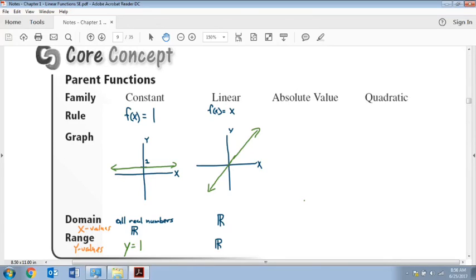Absolute value. Now we showed you the absolute value in your vocab. You haven't gone over the vocab yet, but you probably should. Your absolute value function is f of x equals the absolute value of x, and those bars mean absolute value. If I were to graph it, there's my x and y.